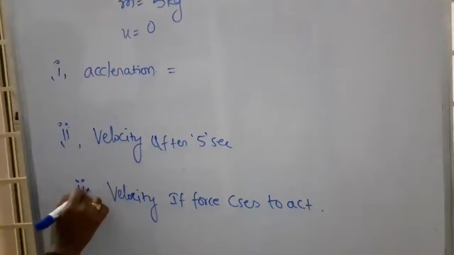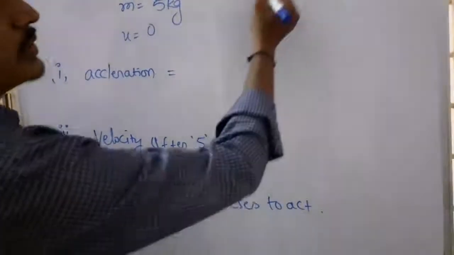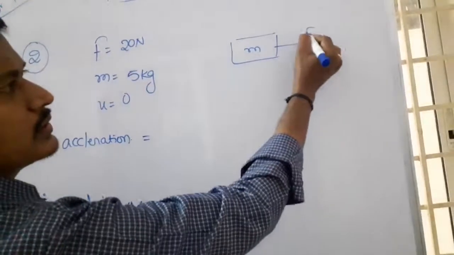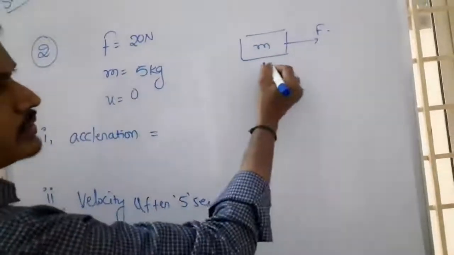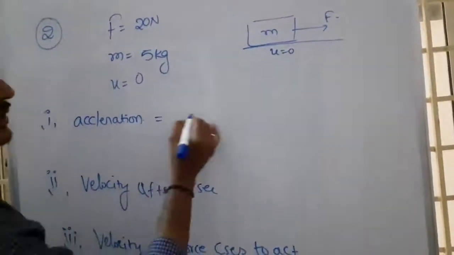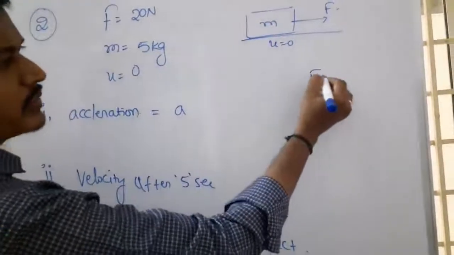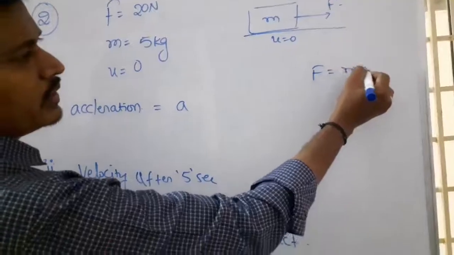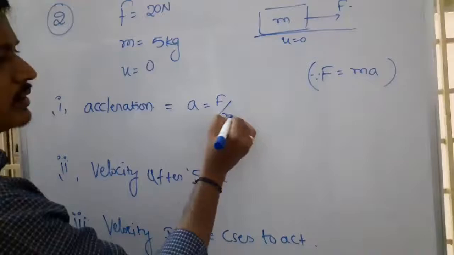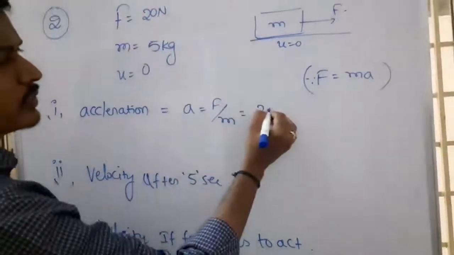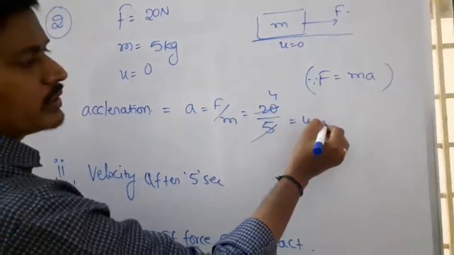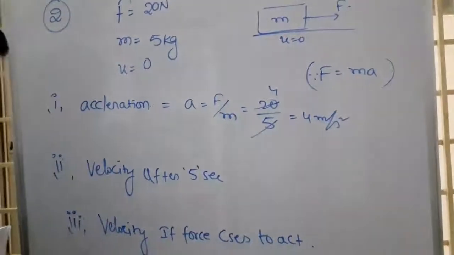The body's mass is given, the force is given, and initially it starts from rest. What is the acceleration? According to Newton's second law, F is equal to ma, therefore a is equal to F by m. Force is 20 divided by 5, that is 4 meters per second square.